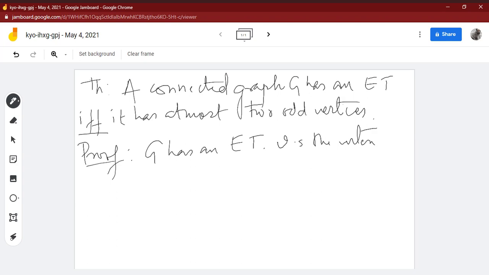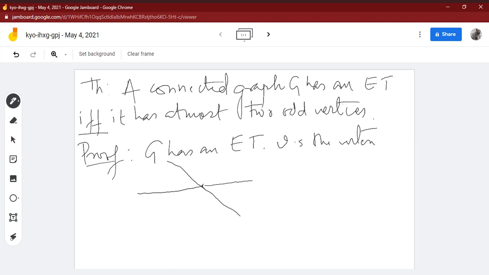then the degree of this vertex is even, because suppose this is the vertex, then there will be one entering edge and another one is an exiting edge. Suppose there is another entering edge, then there will be another exiting. So the degree of this vertex is always even.